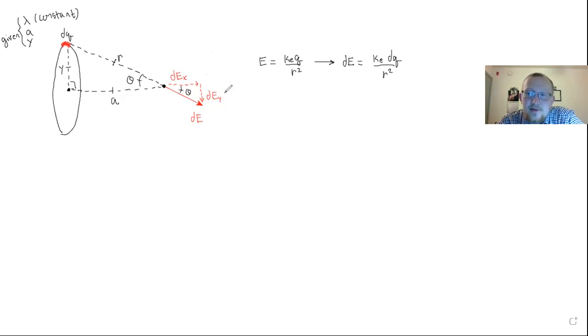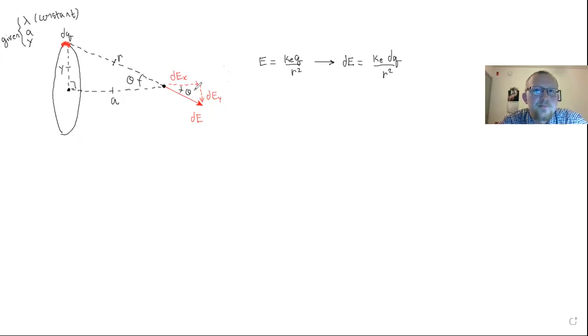An important step in this problem is going to be to break down the electric field contribution due to the infinitesimal charges into their x and y components. I should probably draw it. I'm assuming this is the x direction and this is the y direction. We can break these into components using trigonometric functions.